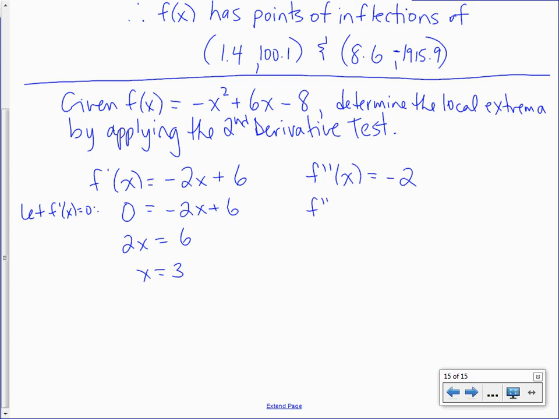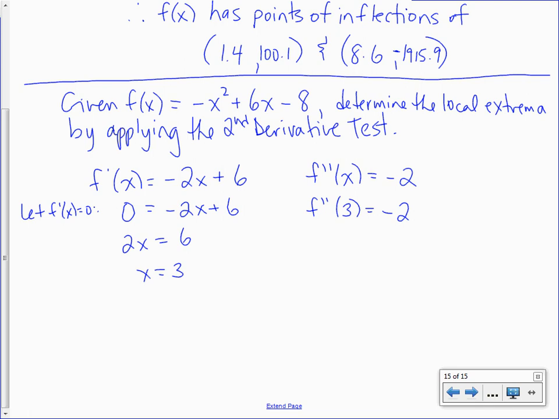The whole point of this is you want to find the sign of the second derivative at your critical point. So what's happening at 3? It's a little redundant here, but you really should still show me this. F double prime at 3 is still negative 2. This goes from generic everywhere to specific here, so that's why I want to see this.